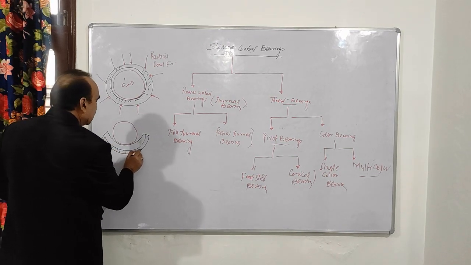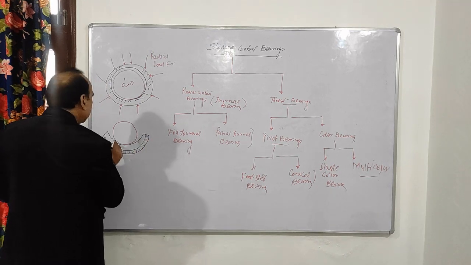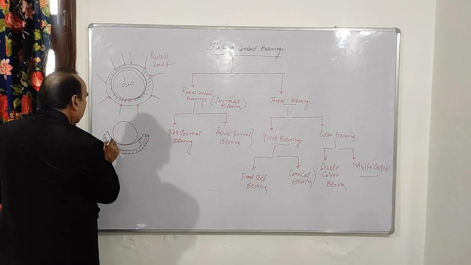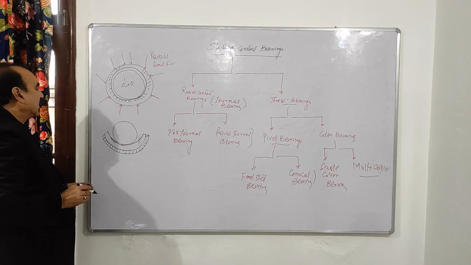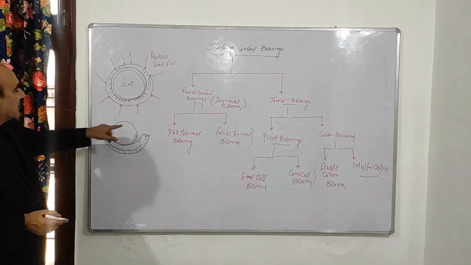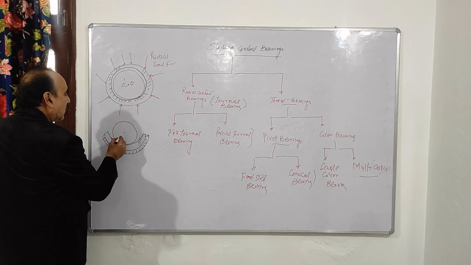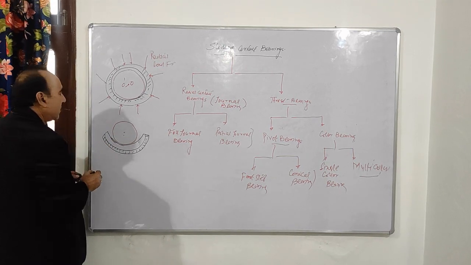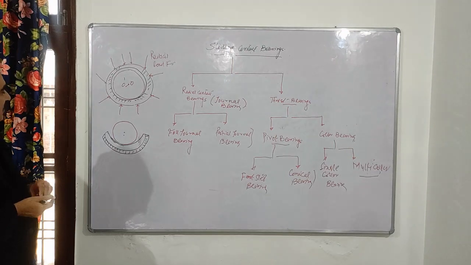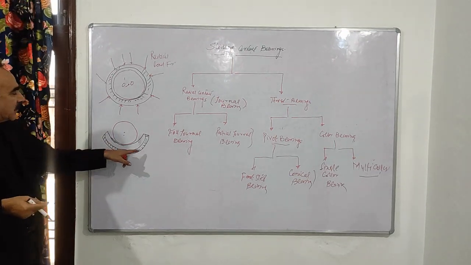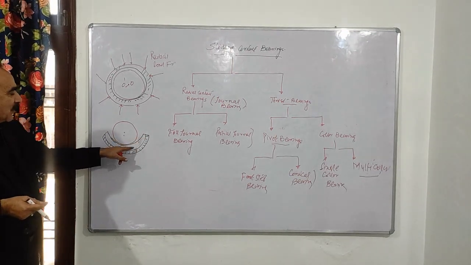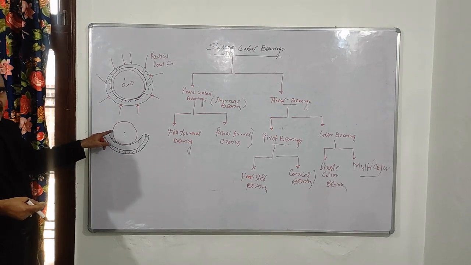It is almost like this. ठीक है ना, ये पार्ट है, ये जर्नल है आपका. तो here you can say, suppose this is your shaft, right? So some part of the shaft is protected by the bearing. You can say almost 120 degree part of this is protected by this.